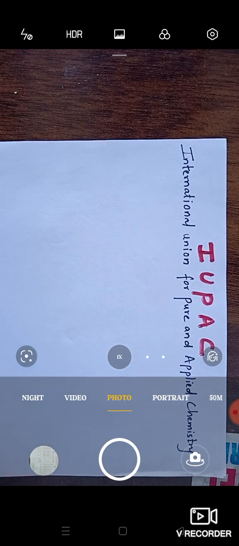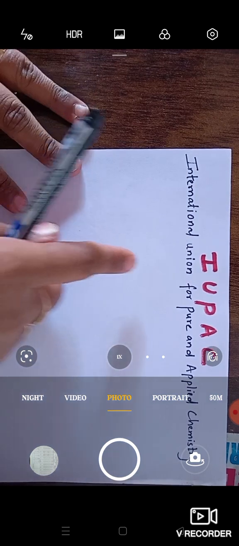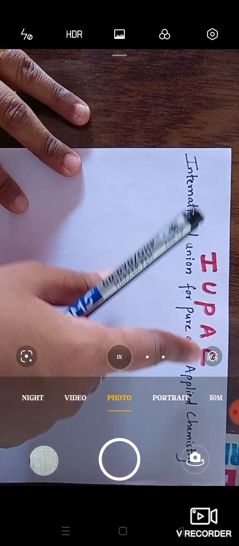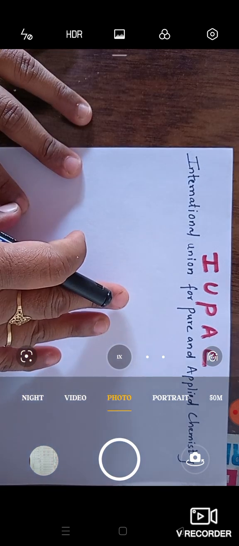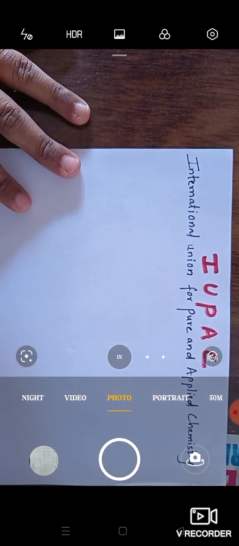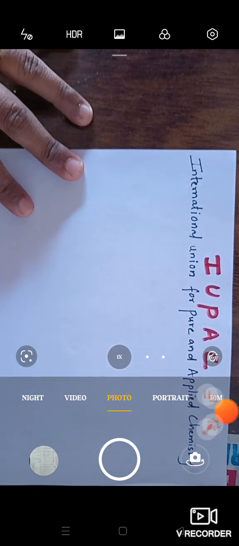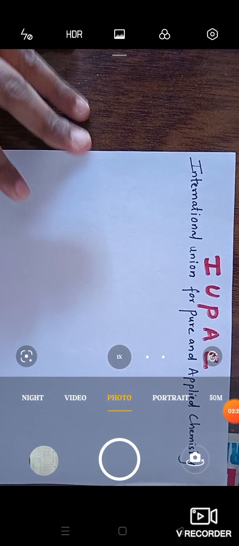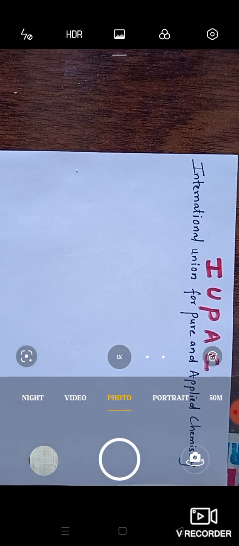Common names or general names will create confusion. So we have one particular system, the IUPAC system, accepted all over the world, and this is the only system which we follow to name compounds. Now we will go stepwise through how exactly we can name a compound in the IUPAC system.